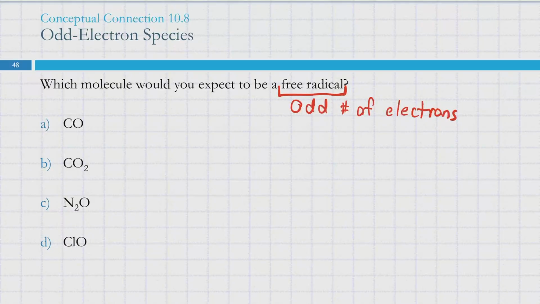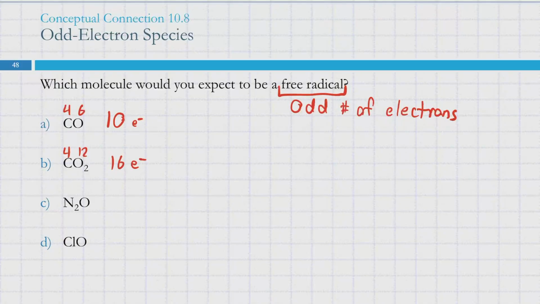And so what we're looking for is the total number of electrons. And which of these has an odd number? So CO, carbon monoxide, has 10. That's an even number. And we've got, struggling at math, 16 in CO2.